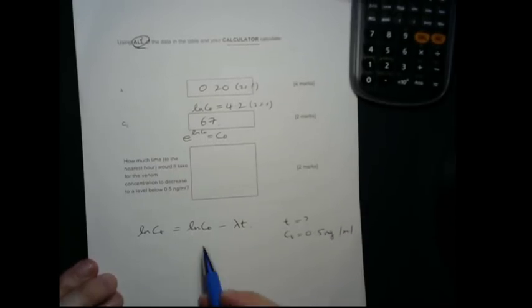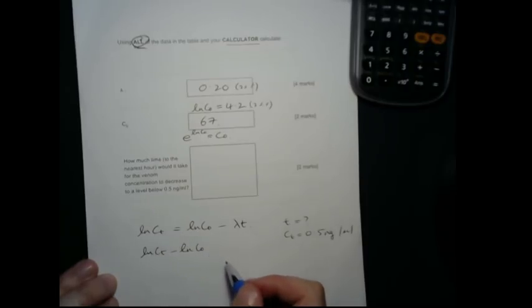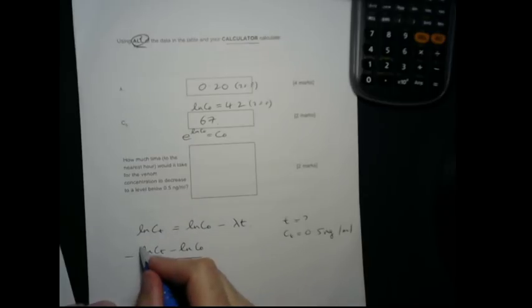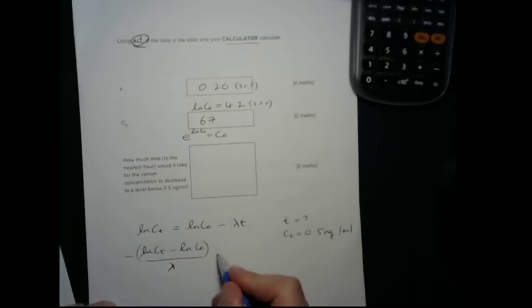So what I'm going to do, I'm going to rearrange this, what I did earlier, to solve for t. So let's do ln Ct, I'm going to take the ln C0 over, and I'm going to divide by minus lambda, and that's going to equal t.